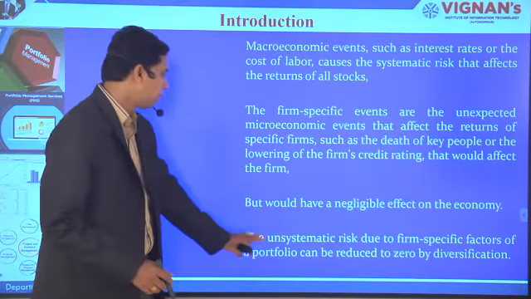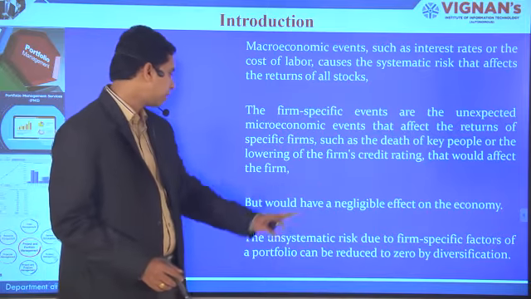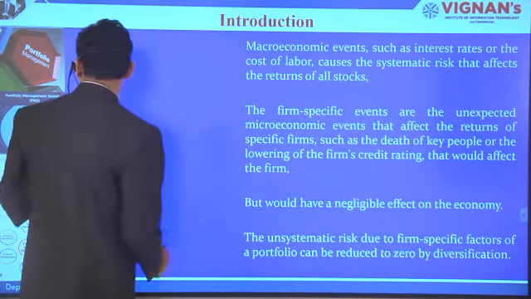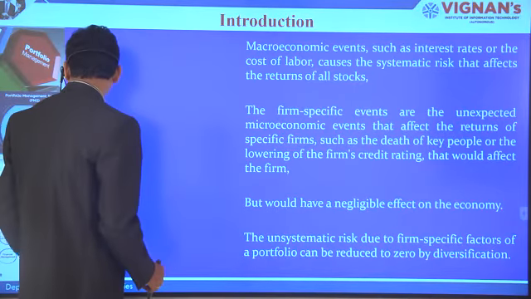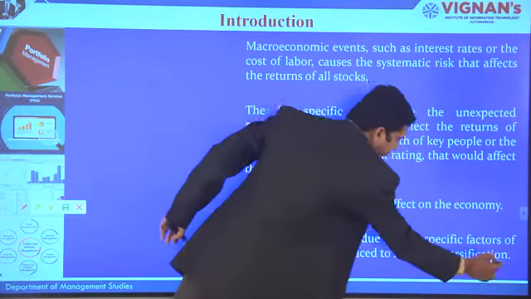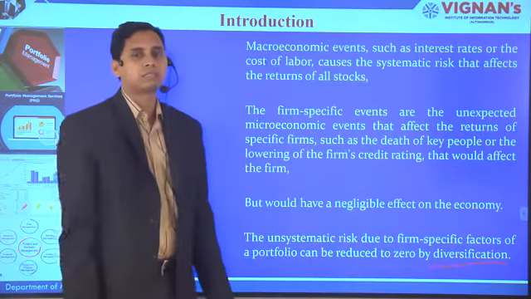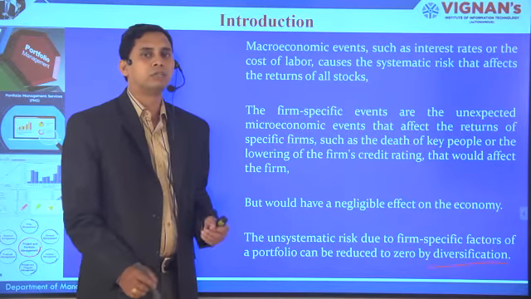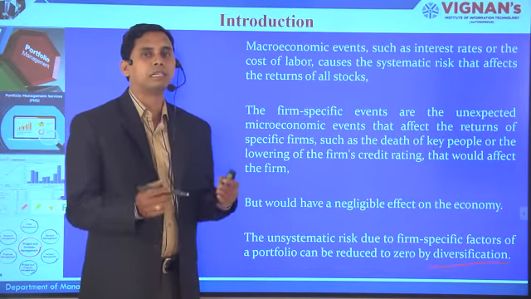And also the unsystematic risk due to firm specific factors of a portfolio can be reduced to zero by diversification. That is a wonderful concept in personal finance, diversification. Diversification is related to investment, wherein we don't invest our money into a single stock.